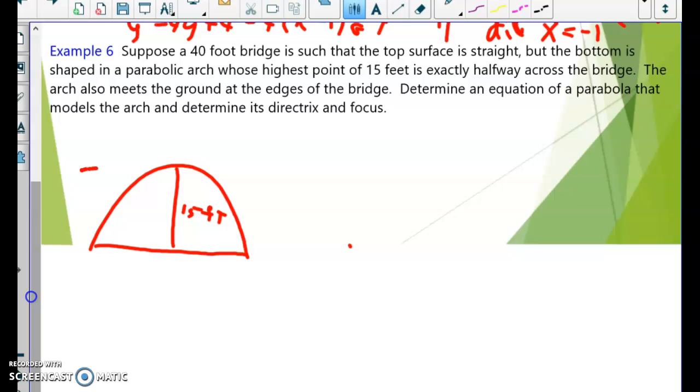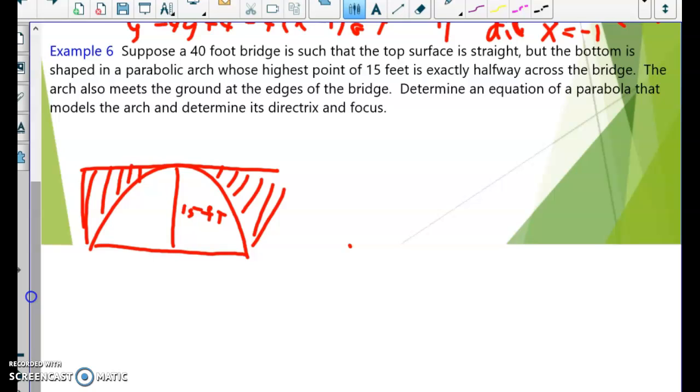And it looks like I have a road going over the top of here, so this is all going to be made of bricks or whatever the bridge is made of. And exactly halfway across the bridge is the height of 15. The arch also meets the ground at the edges of the bridge. That's good. Determine the equation of the parabola that models the arch and determine the directrix and focus.